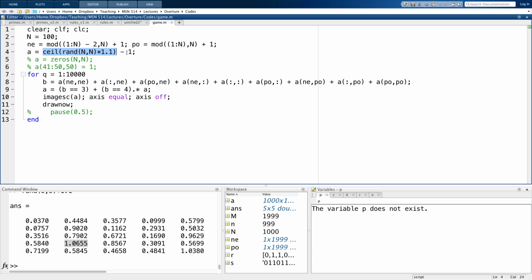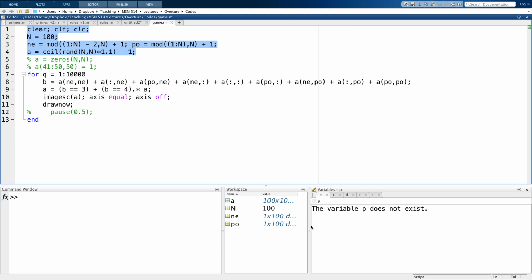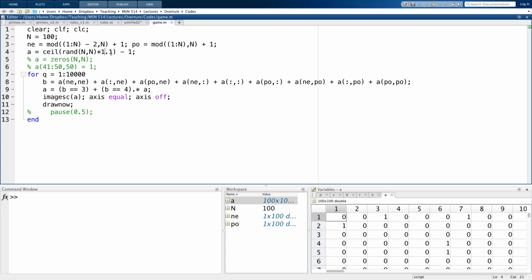And what do you get if you say minus 1? 0. So let's run this part. And you get an A that has zeros and ones. What does this 1.1 do?